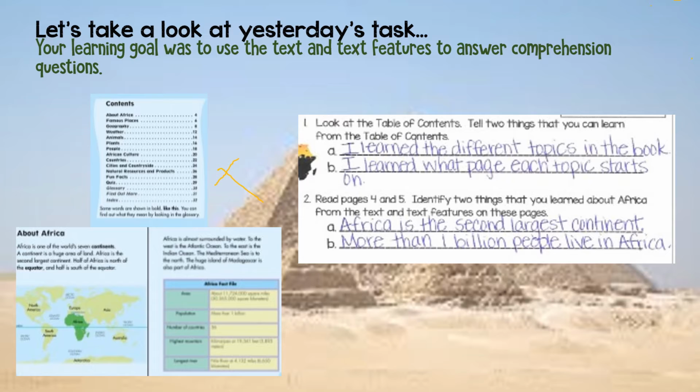Identify 2 things that you learned about Africa from the text and the text features on these pages. Along with the text on these pages, you also may have noticed that there was a map and also a chart. I discovered that Africa is the second largest continent and more than 1 billion people live in Africa.